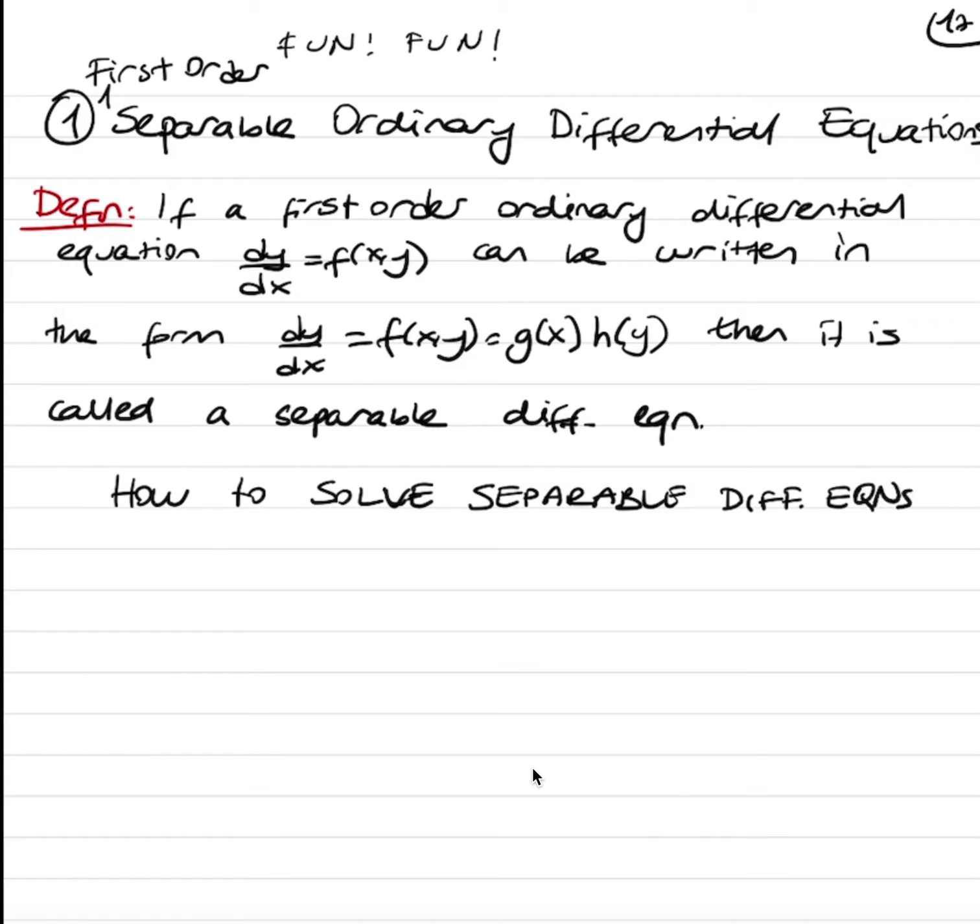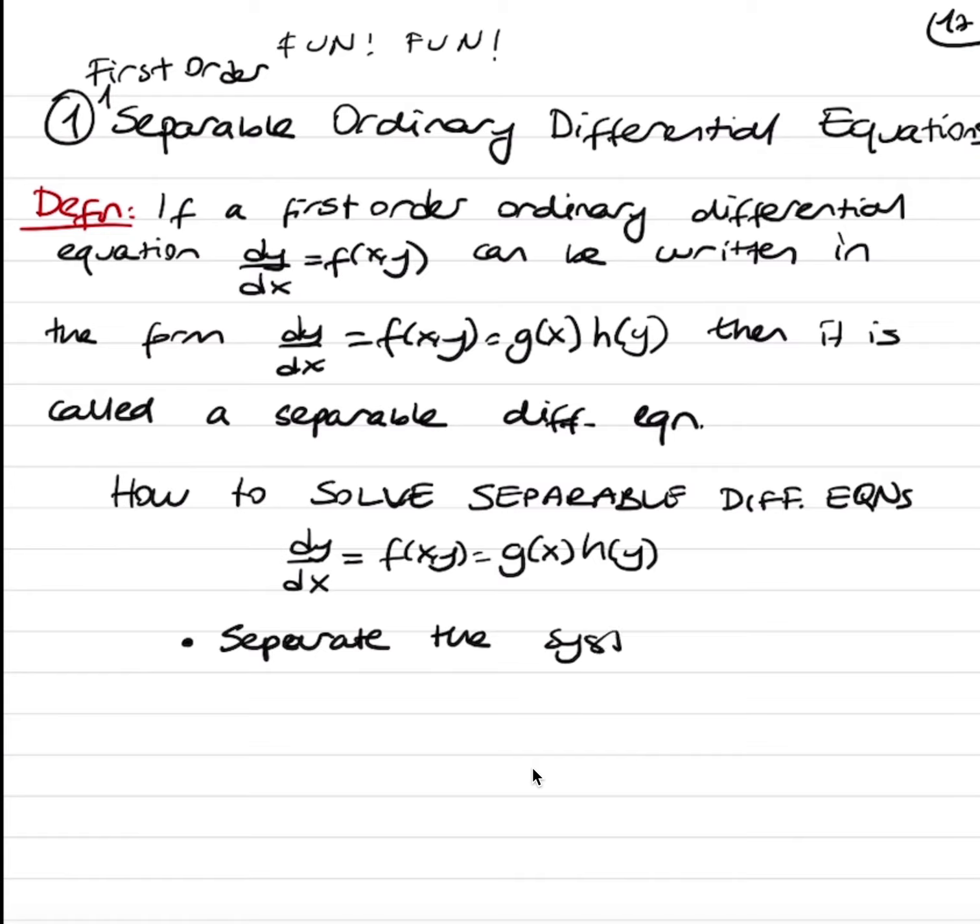So how to solve separable differential equations? You are given dy over dx equal to f of x, y, let's say g of x times h of y. So the first thing you do is separate the system.